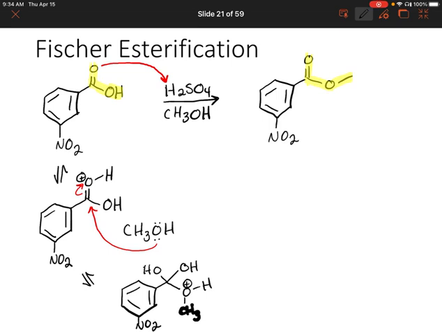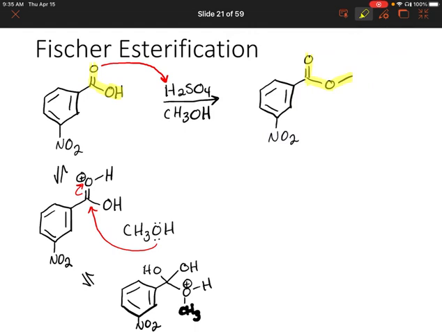Now, in this next step, we need to create a good leaving group because you'll notice up above we just have two alcohols, right? So that's a hydrate. So similar to our aldehyde and ketone chapter where we went over those mechanisms, we're going to transfer a proton from our methanol group over to one of the alcohols.